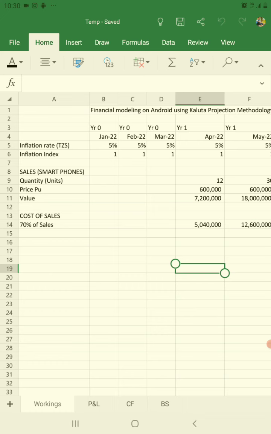So this helps you to get a bird's eye view of how to model financials seamlessly.